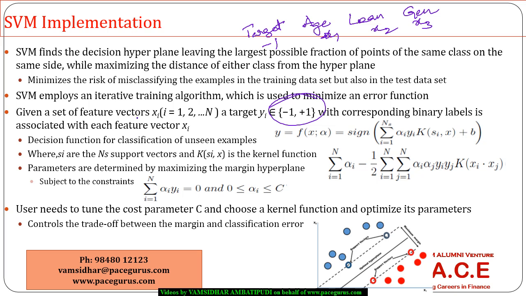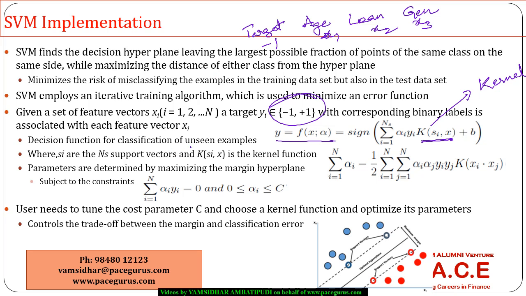Right? And now our objective is to look at a function of x and alpha. Choose some alpha, and k is your transformation function, which is what we have been calling the kernel function.